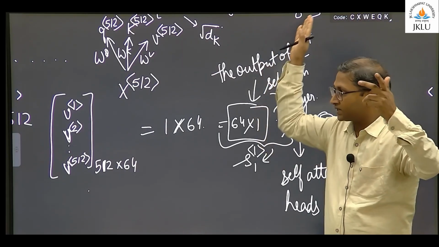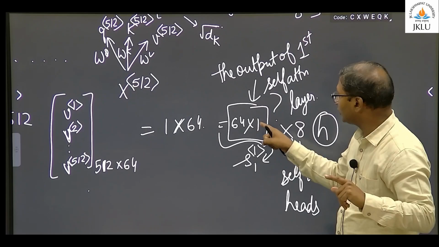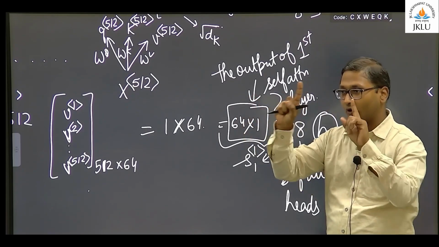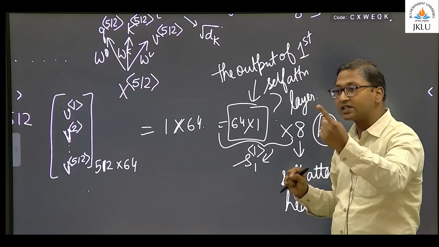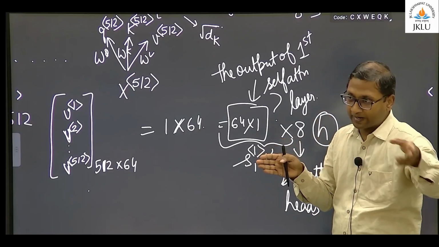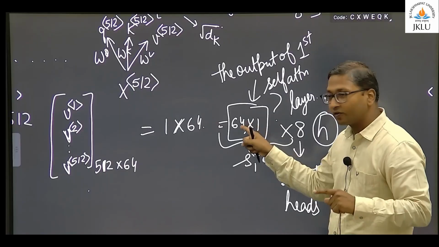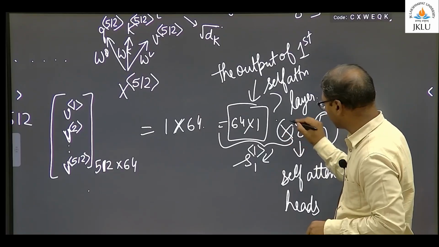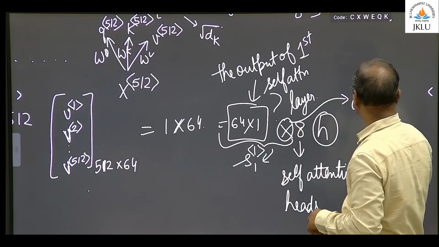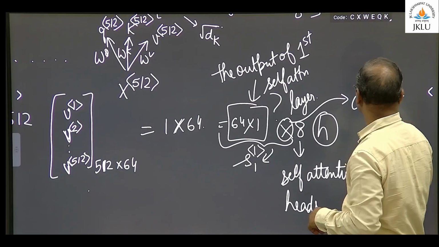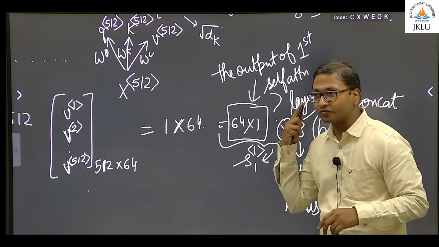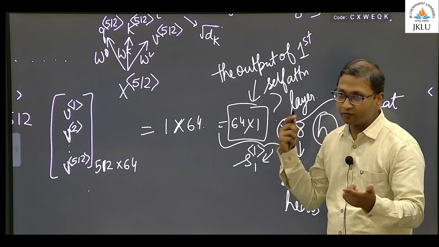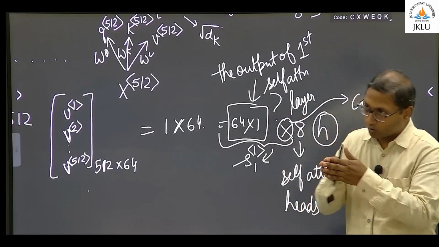You know their dimensions now, right? You compute 64 cross 1 for one head. You have 8 such triplets of parameter matrices. Each one of them will give you 64 cross 1. You concatenate. So here this multiplication is basically concat, and you get 64 into 8, which is 512 cross 1 concatenated.